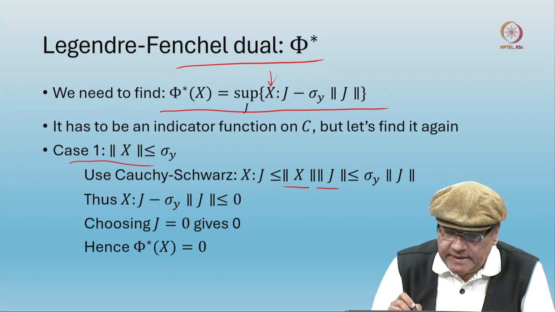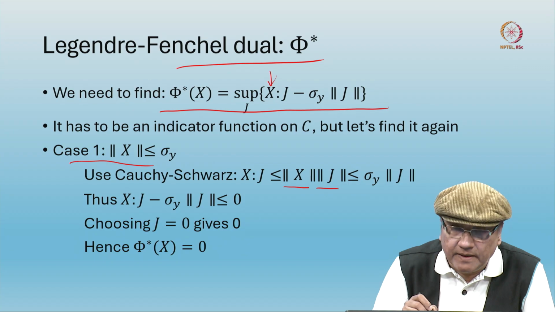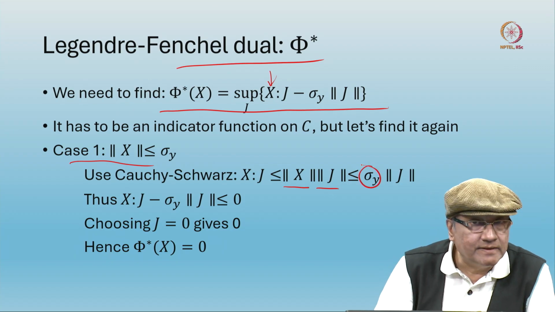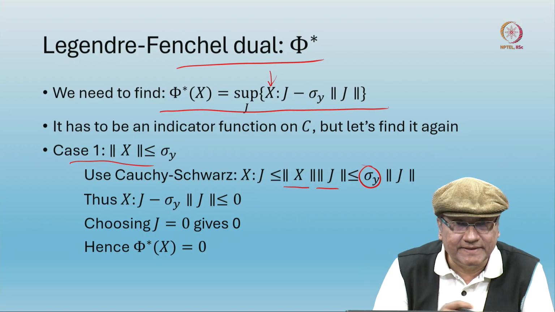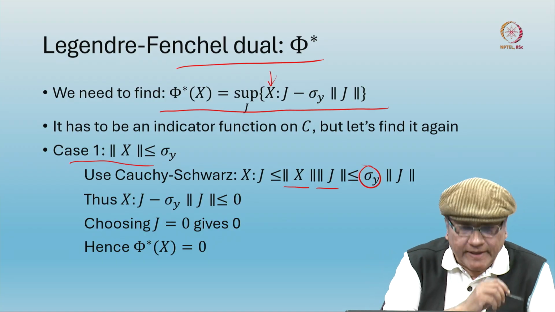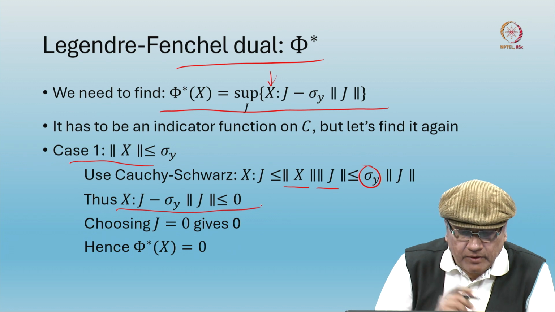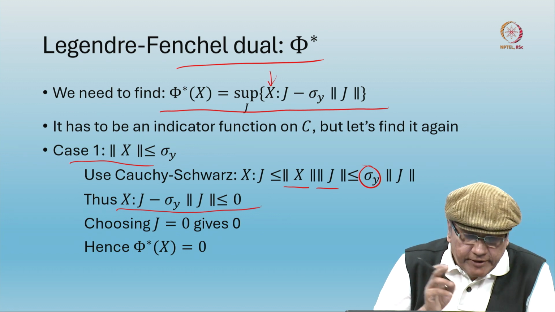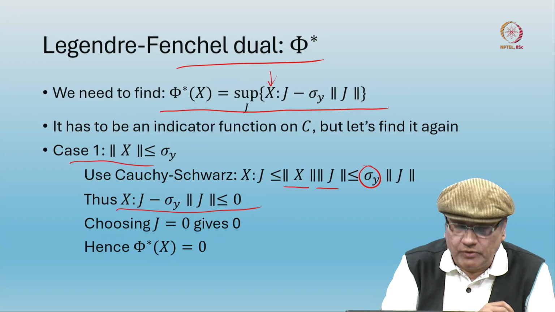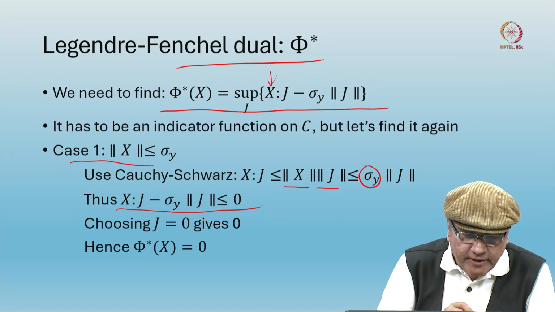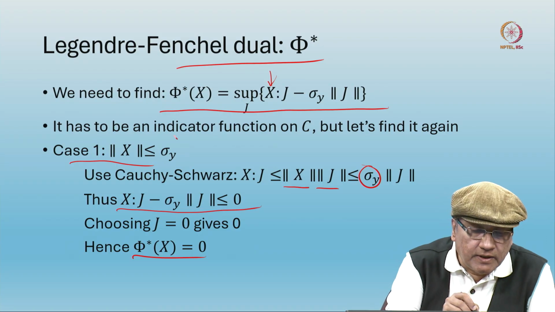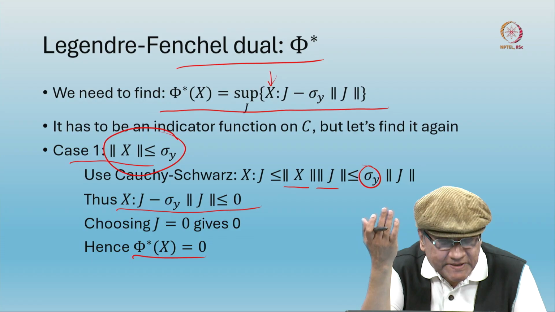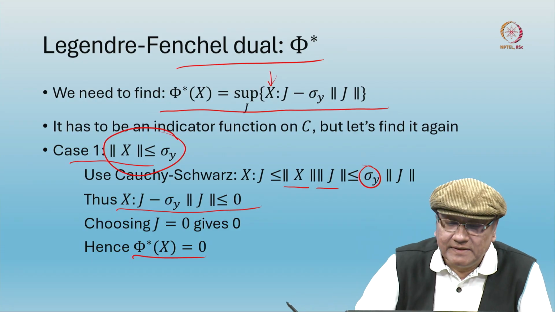The maximum value of the norm of x is sigma y, so I can use sigma y here, because this is an inequality. Therefore x dot j minus sigma y norm of j is less than or equal to 0. If you choose j equal to 0, this gives 0. Therefore phi star of x equals 0 for all norm of x less than or equal to sigma y. This is what is expected anyway.